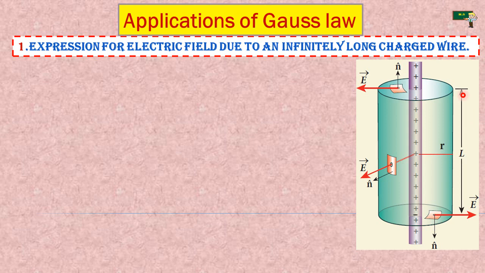The length is L. That means the cylinder has the length L, and the distance from the wire to the point where we find the electric field is R.